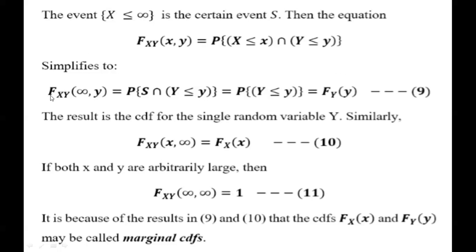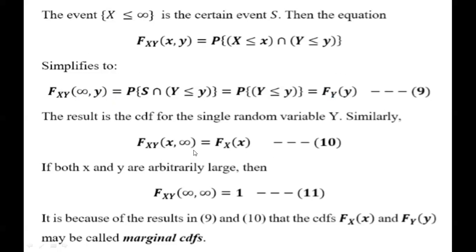The CDF capital F xy of infinity comma y is written as the CDF of single random variable y. The result is that the CDF of a single random variable y is obtained from the bivariate CDF.